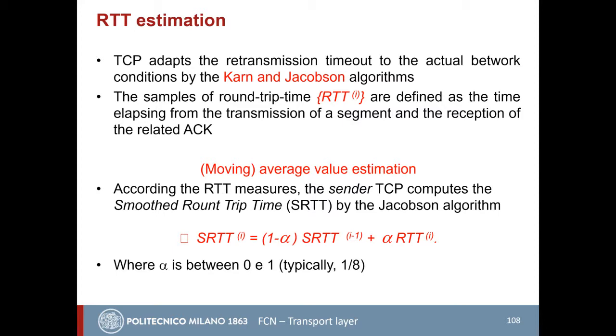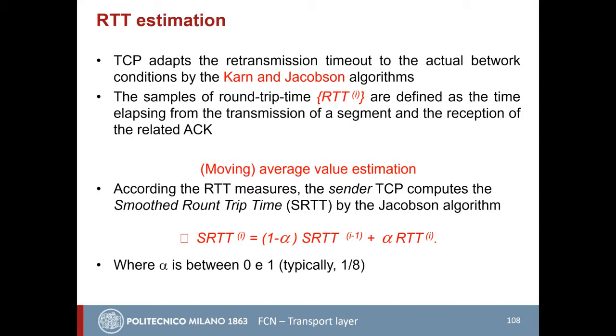But the value that is used to dimension the timeout is actually a moving average calculated out of these samples. So this is the law to calculate the moving average. It is very simple. It is called the Jacobson algorithm, and is expressed in an iterative way.